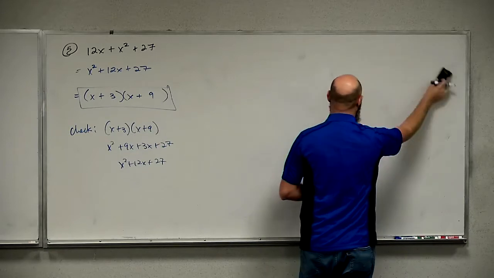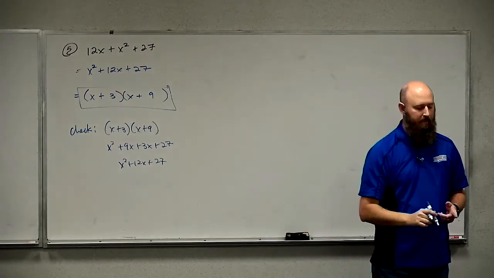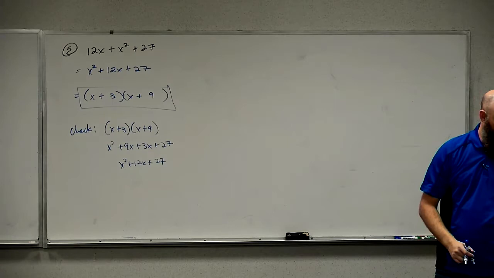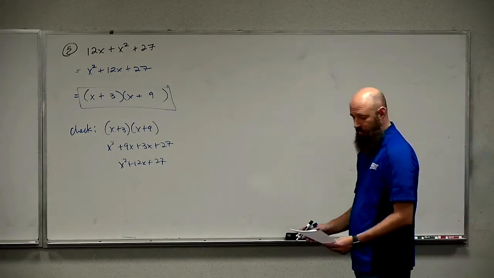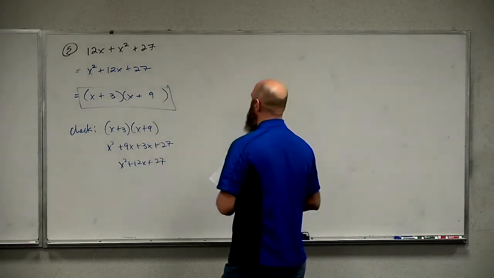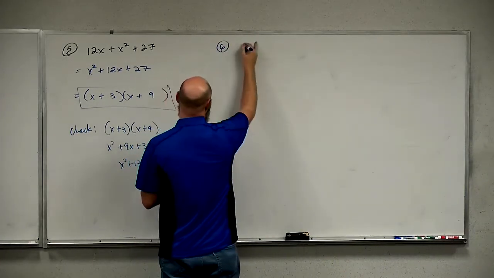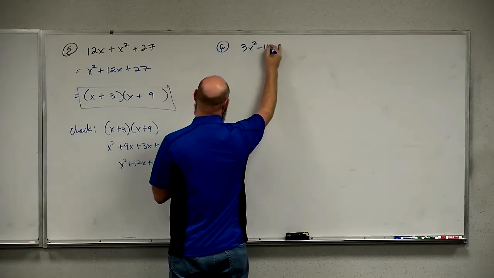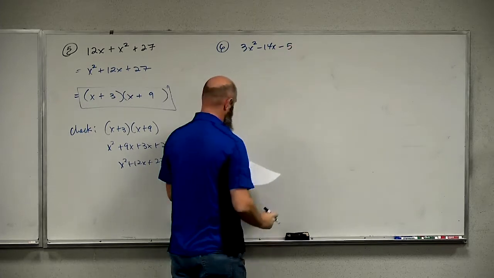All right, so far, everything has been where we had just an x squared or a p squared or something like that. What if we have numbers in front? What do we have to do there? Okay, so let's start looking at those. So 3x squared minus 14x minus 5.